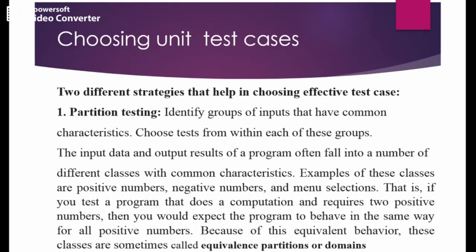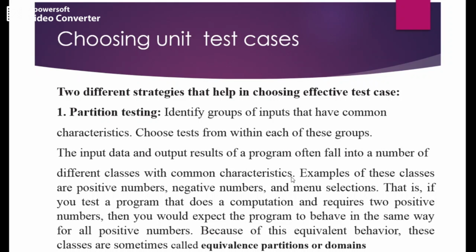You are identifying groups of inputs that have common characteristics. Mainly in partition testing, you first identify groups of inputs that have common features, and then choose tests from within each of these groups. The input data and output results of a program often fall into a number of different classes with common characteristics.